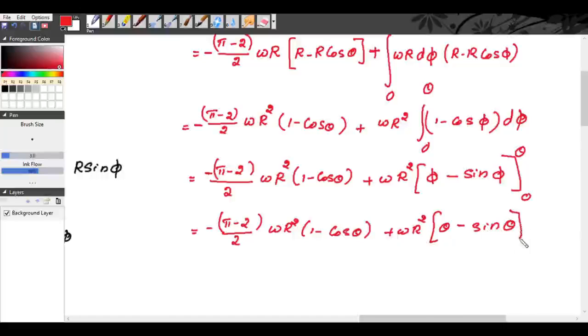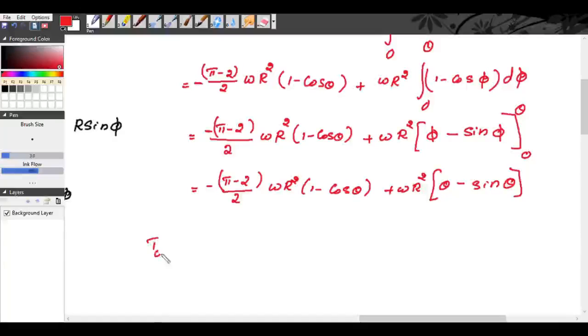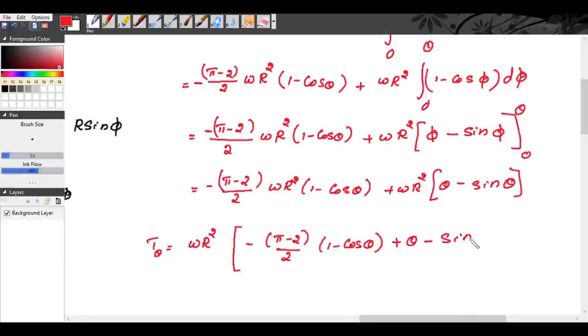Sin 0 is 0. So that is all. So we can take WR square out. So we get T theta is equal to WR square multiplied by minus of (pi minus 2) by 2 into 1 minus cos theta plus theta minus sin theta.